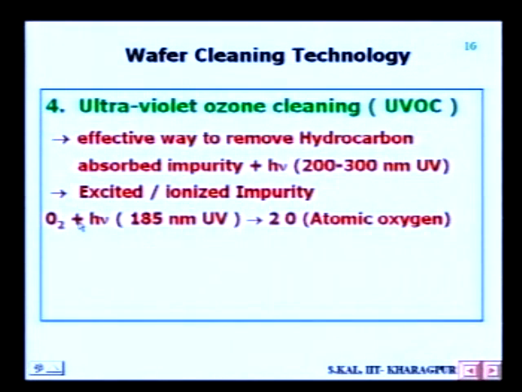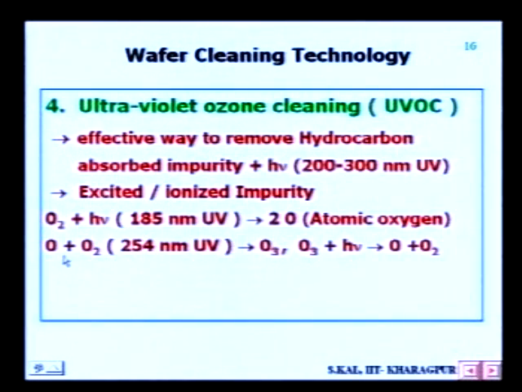And now the oxygen is again absorbed by h nu, 185 nanometer ultraviolet light, and that will give you 2 oxygen. This is the oxygen molecule, and it is giving atomic oxygen. This atomic oxygen again reacts with an oxygen molecule at 254 nanometer wavelength and forms ozone. This ozone plus h nu can again go back to an oxygen atom and an oxygen molecule.